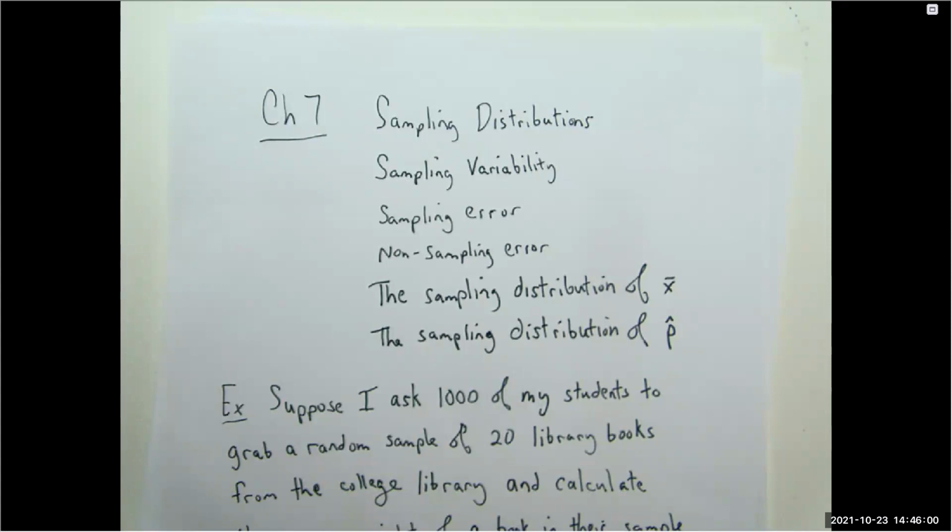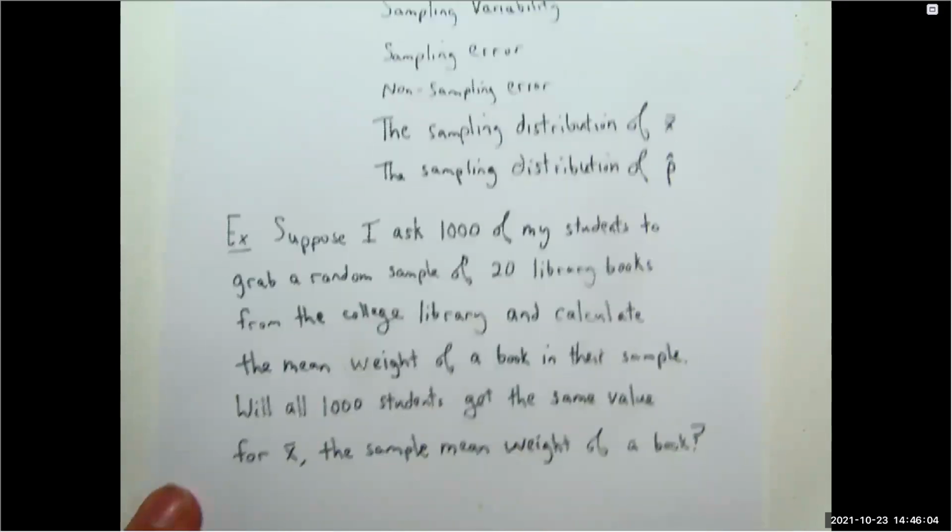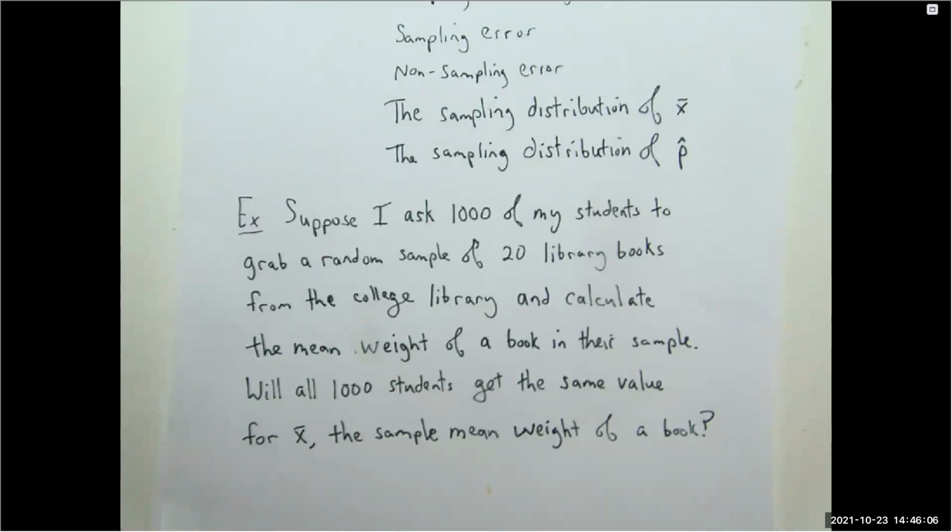Some word problems involving those. All right, so as a first example, suppose I go out and ask 1,000 of my students to grab a random sample of 20 library books from the college library and calculate the mean weight of a book in their sample. So now I've got 1,000 different samples of size 20, and each one of the students has calculated a sample mean weight.